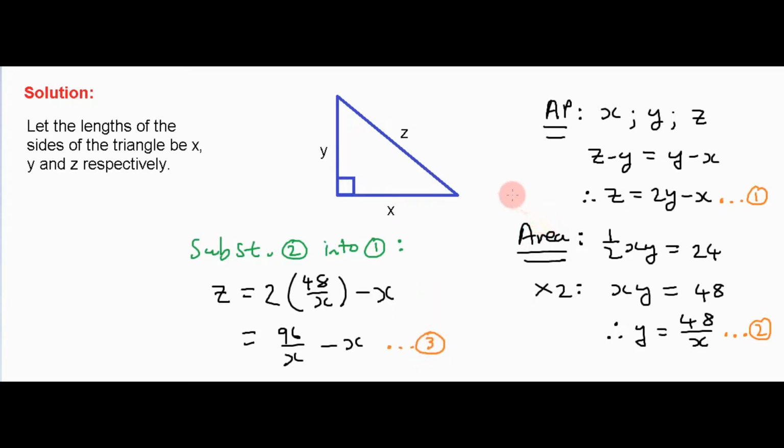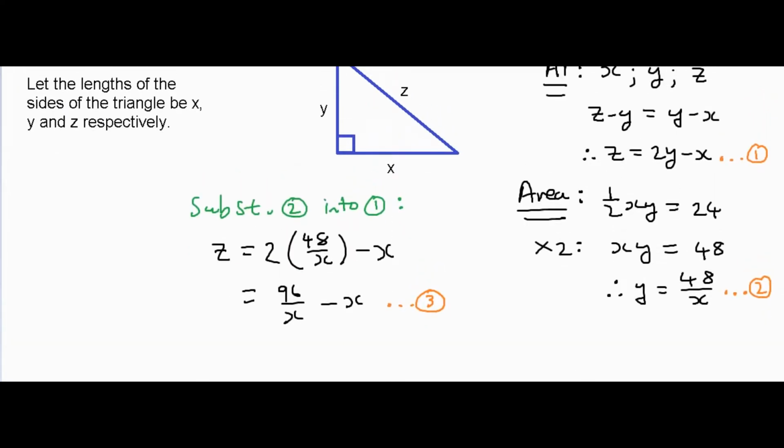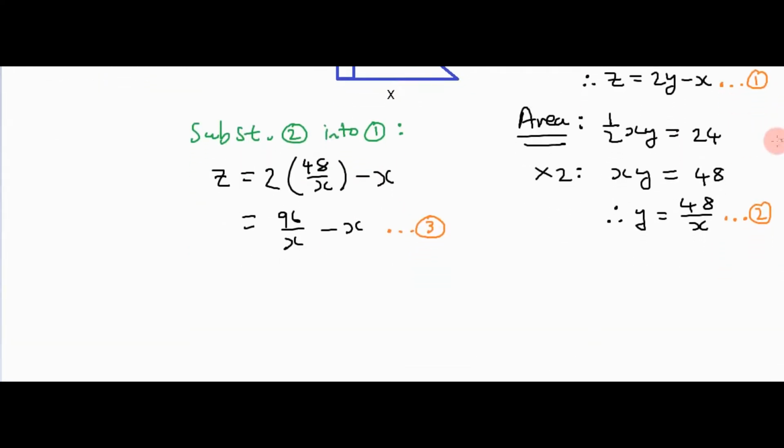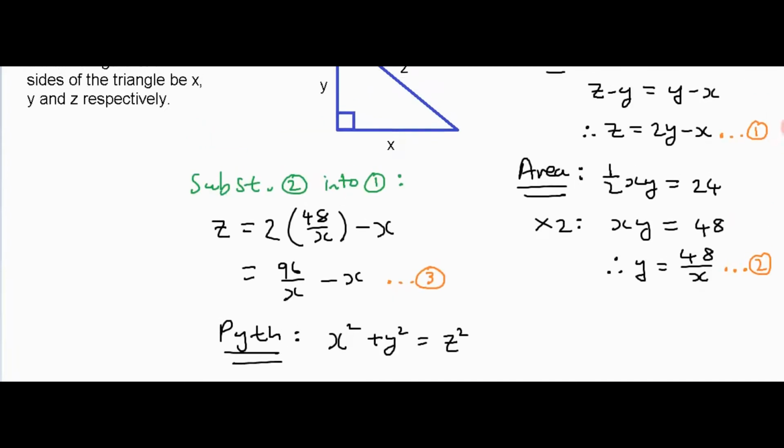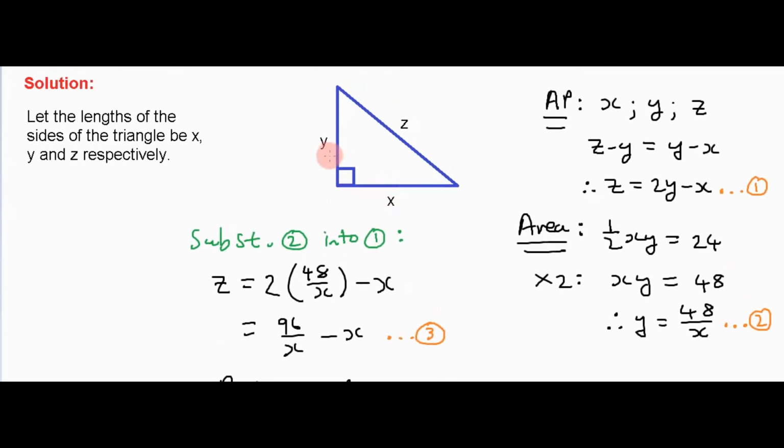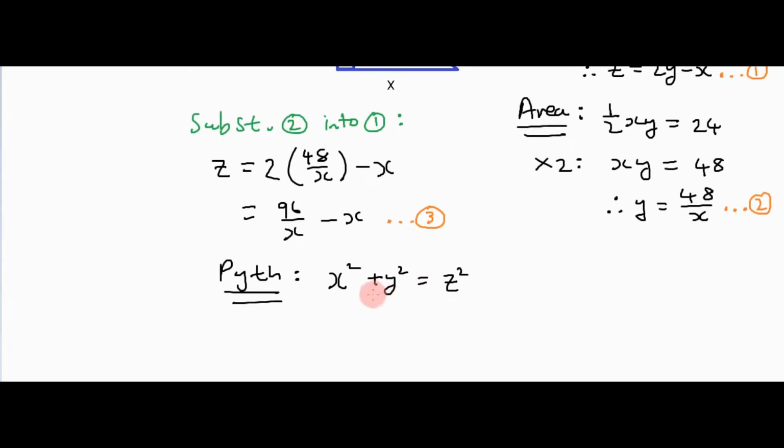Now, we can come up with yet another equation by using Pythagoras inside this triangle. So, according to Pythagoras, x squared plus y squared will equal z squared. We have three unknowns in this equation.